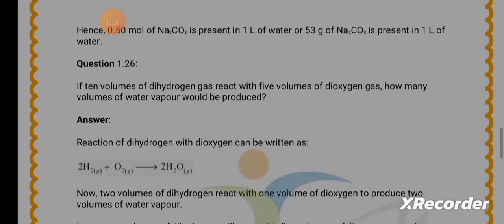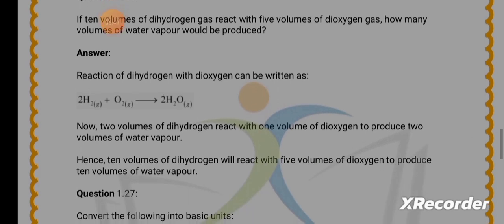Now here the question: if 10 volume of dihydrogen reacts with 5 volume of dioxygen gas, then how many volumes of water vapor would be produced? So firstly we have to balance the equation. After balancing, we get 2H2 plus O2 gives 2H2O. Now by reading this, we know that 2 moles of hydrogen react with 1 mole of oxygen to form 2 moles of water.